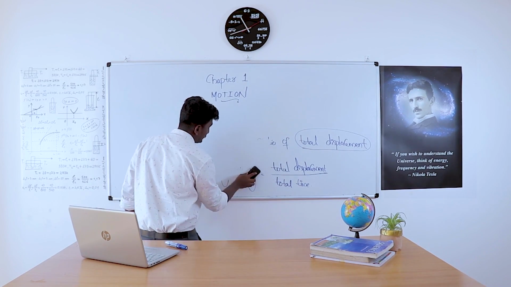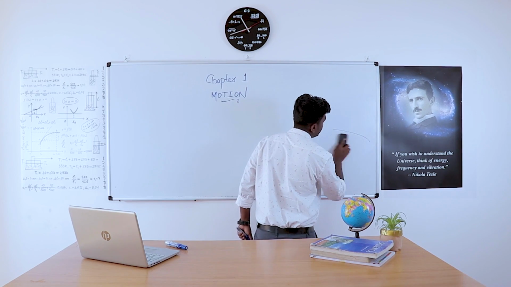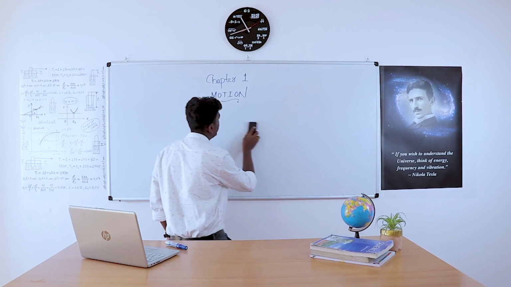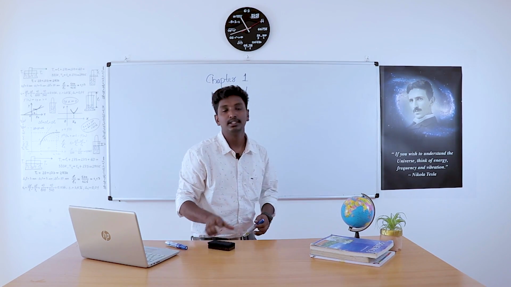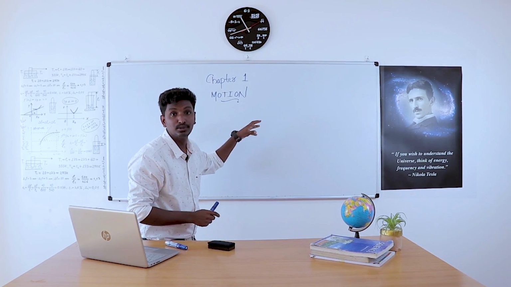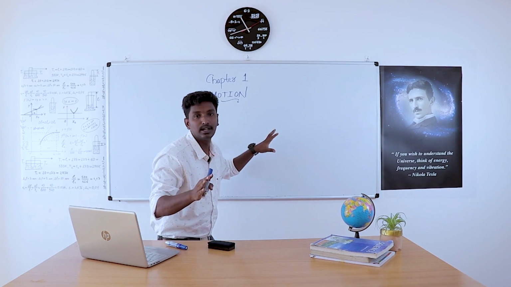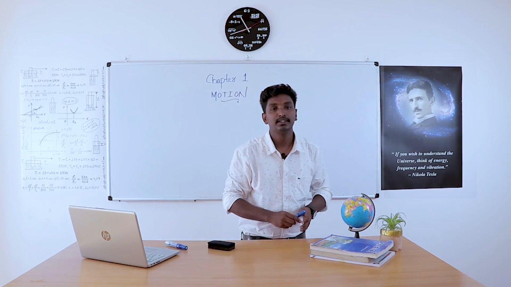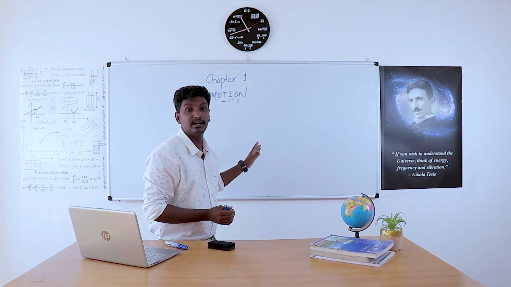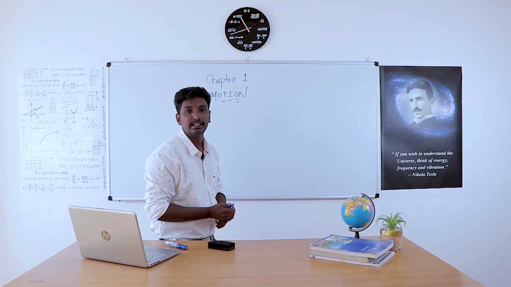Now we are moving to the most important section of this chapter, motion. One of the most important topics, and surely you will have questions from the topic I'm going to deliver now. This is related to graphs. We have three graphs: position time graph, velocity time graph, and acceleration time graph.